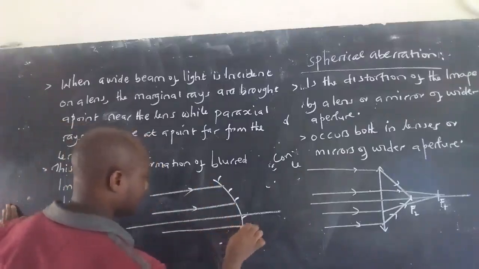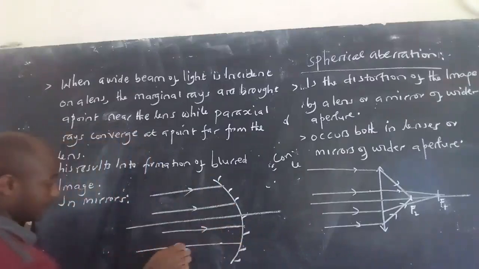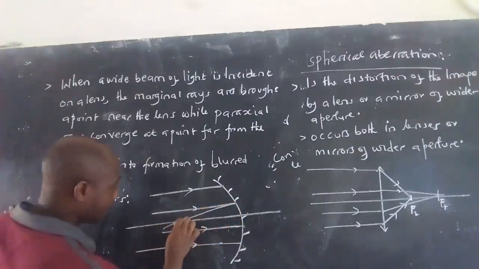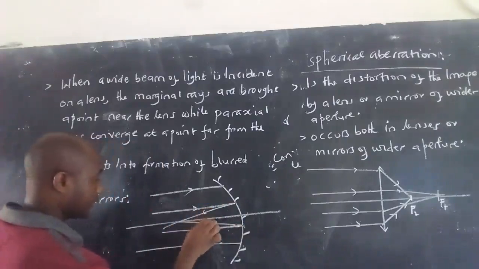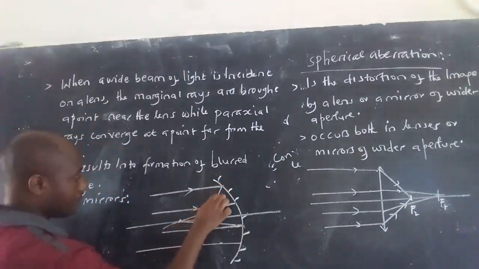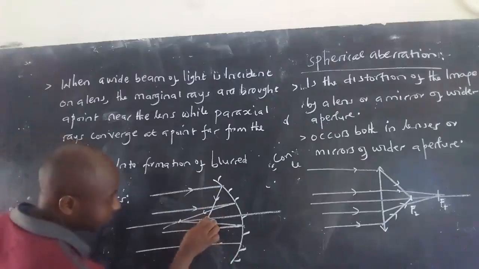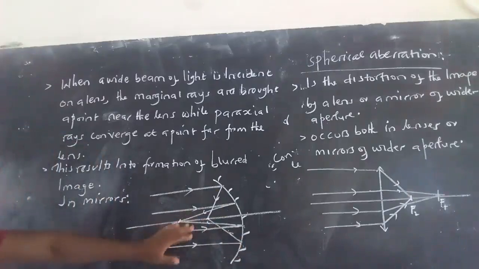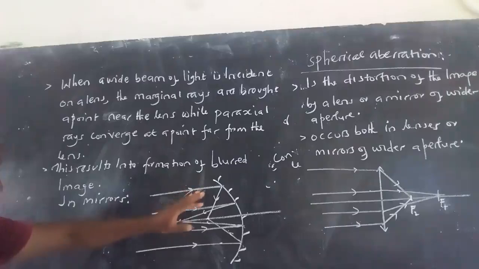This is paraxial, this is marginal. So they converge far away like this, they converge here. Then this one, you see, the marginal rays converge here, resulting in formation of a broad image due to a series of multiple images along this principal axis.